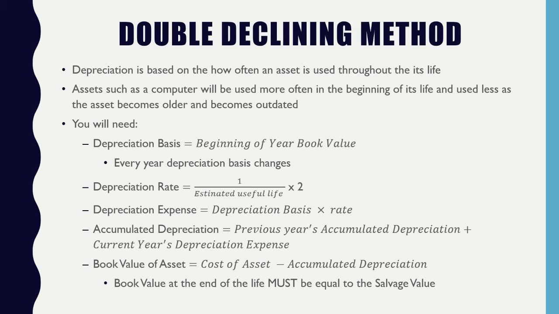This is where we depreciate based on how often we use an item. So for example, let's say school. You never touched a computer in your life, but you decide to buy a computer because you're going to school. You're going to notice that you're going to be using it a lot more than you think you would, right?